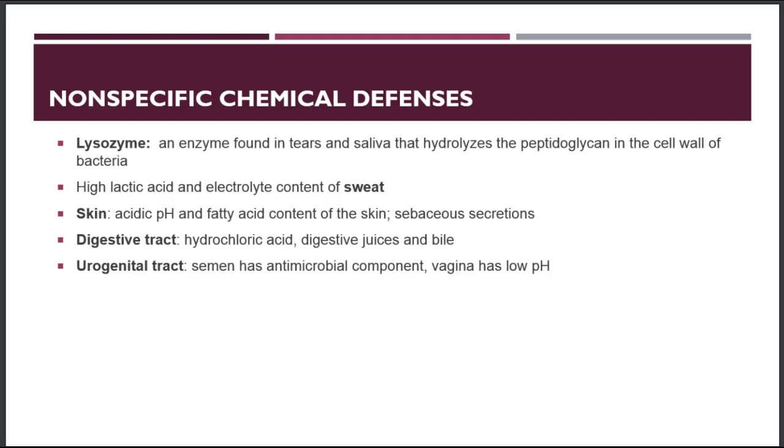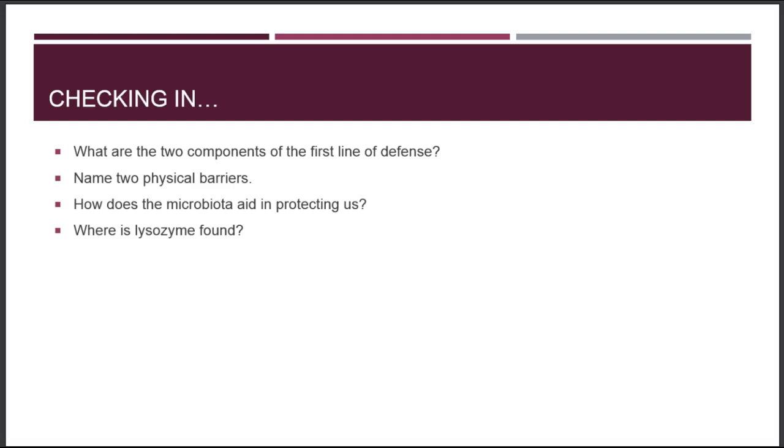And then in the urogenital tract, semen has an antimicrobial component, and the pH of the vagina is acidic as well. So those chemicals are part of this first line of defense.